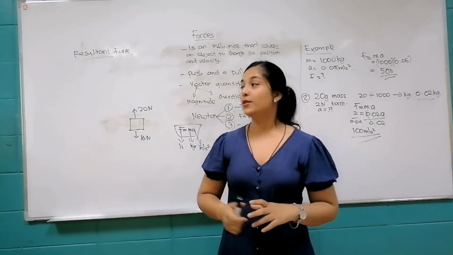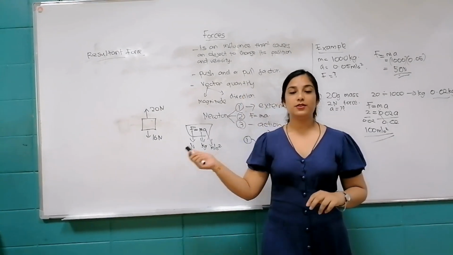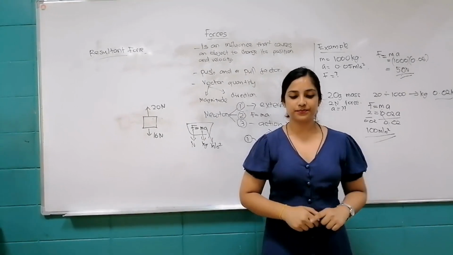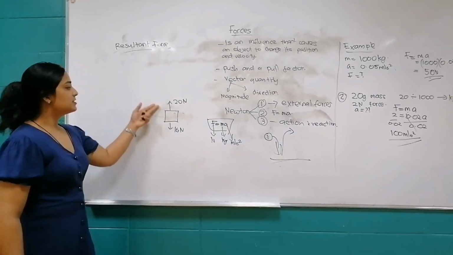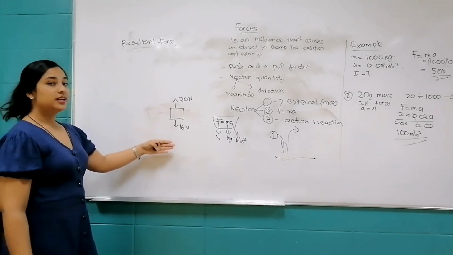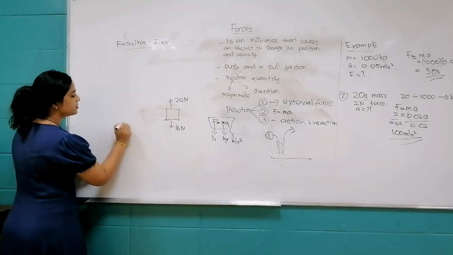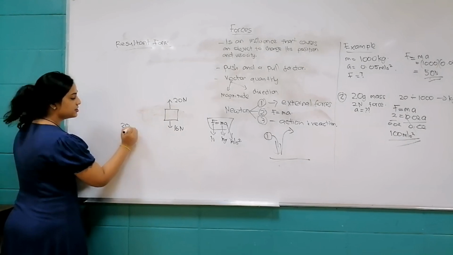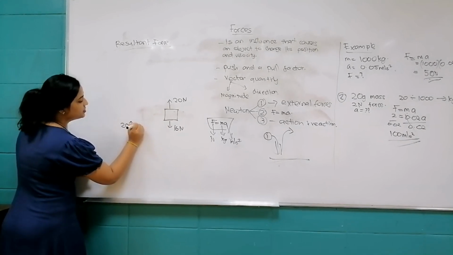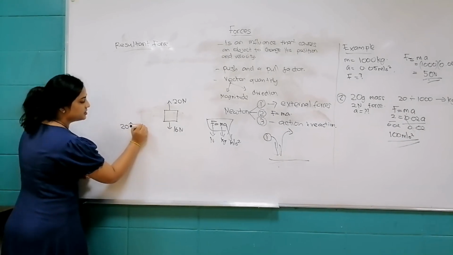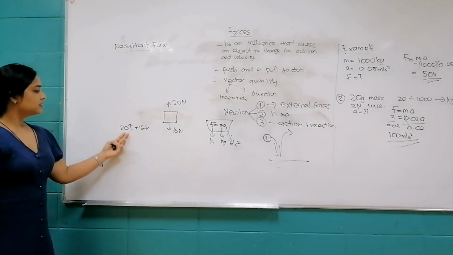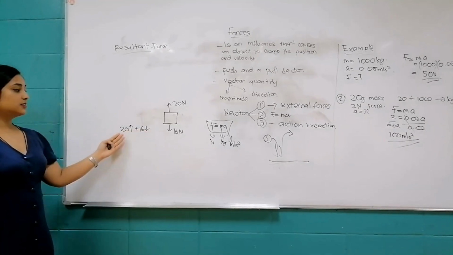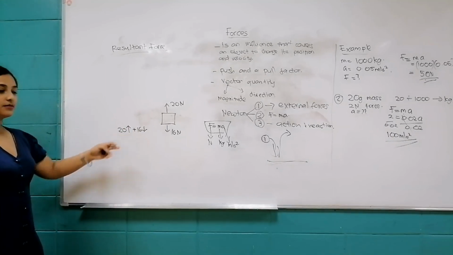Also, to calculate the resultant force, we have to add all the forces acting on one object. For example, this one, 20 newtons acting upwards and 60 newtons force acting downwards. So adding two forces, 20 newtons upwards plus 60 newtons downwards, we cannot add these two values directly because the directions are opposite.